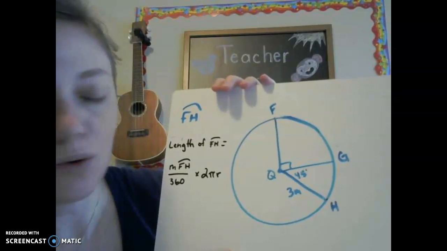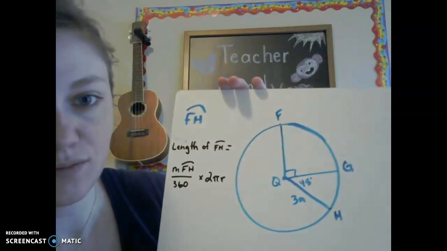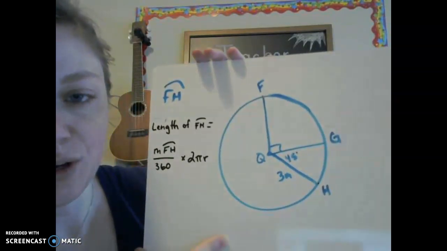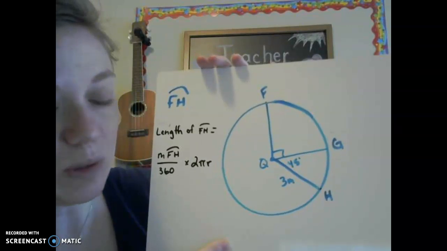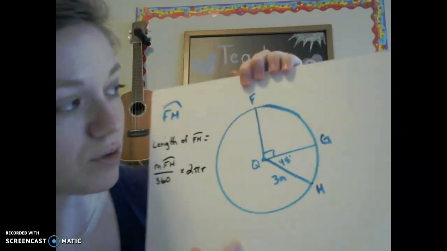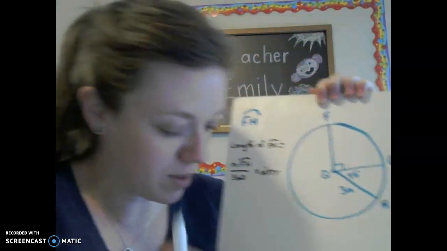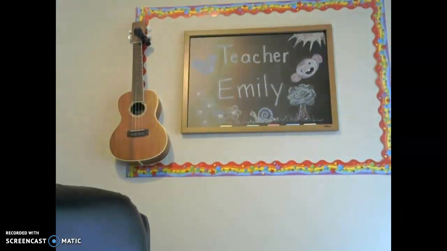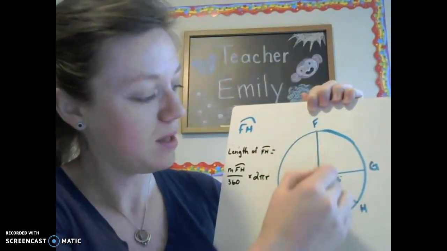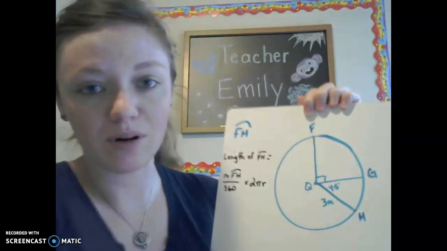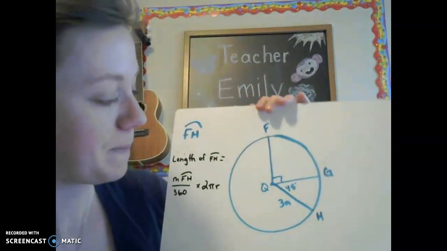Now, if you think about it, what we need to do is find the complete diameter of this circle, this complete diameter, and figure out what percent of that diameter is that part of the circle going to cover.